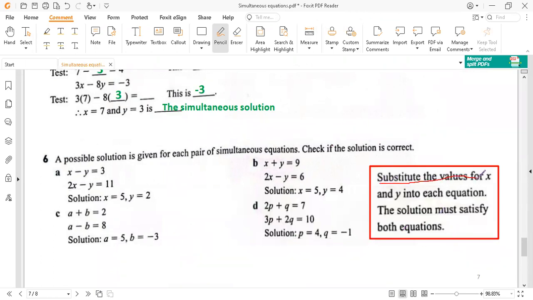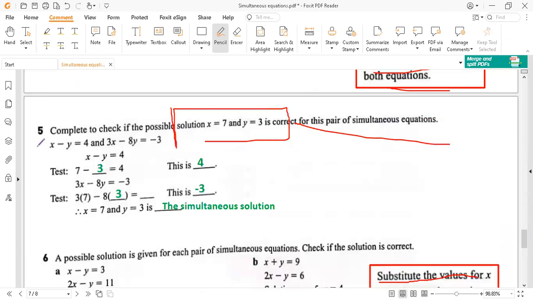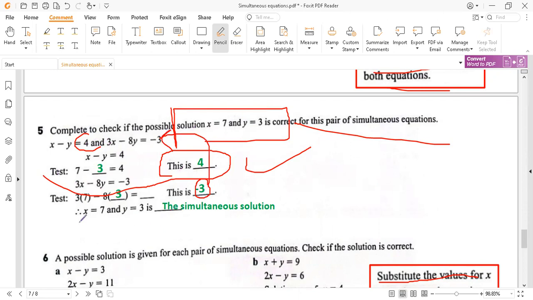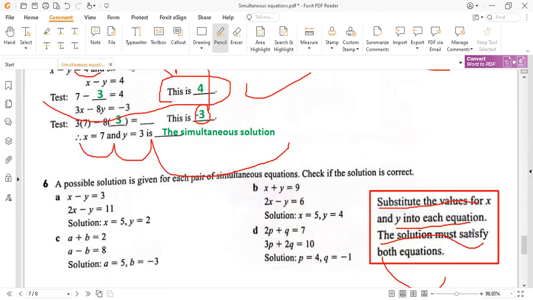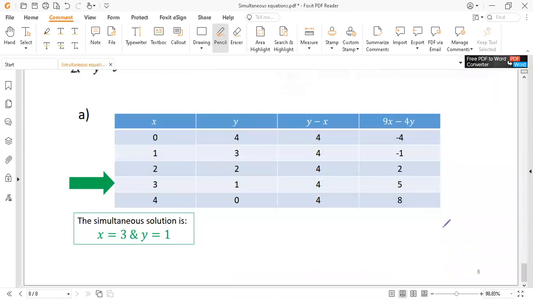So for example, here we substitute x equals 7 and y equal to 3. In the first one we tested and obtained that it is correct, because we obtain 4, and the second one we obtain as a result -3 as mentioned before, then yes, we can say that x equal to 7 and y equal to 3 is the simultaneous solution for us. And you can also complete what we started before and the remaining exercises by yourself.